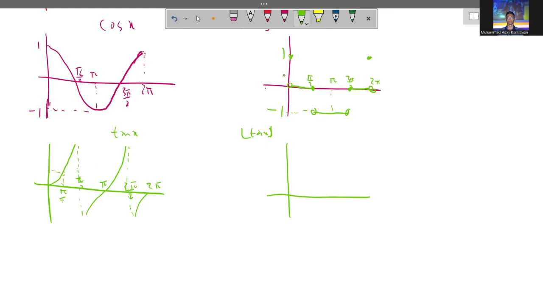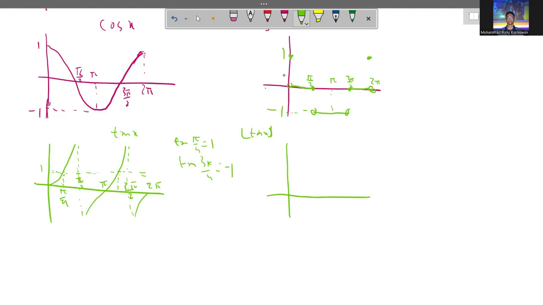Recall that tangent of pi over 4 is 1, and then tangent of 3 pi over 4 is equal to -1, and so on and so forth. So this is 1. This is also 1, so this here.